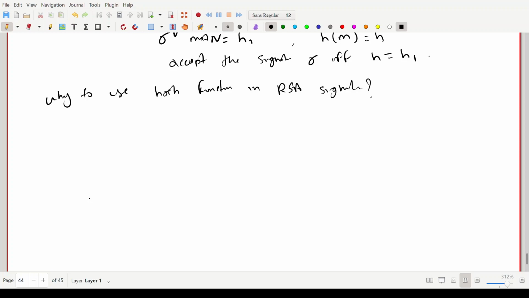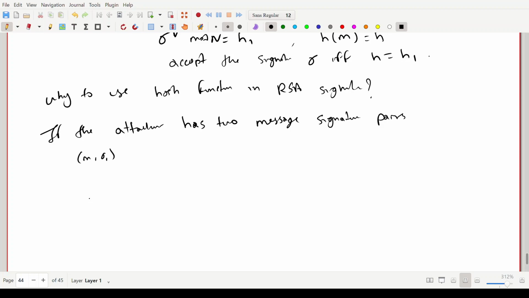Suppose the attacker has two message signature pairs, say m1, sigma 1 and m2, sigma 2.